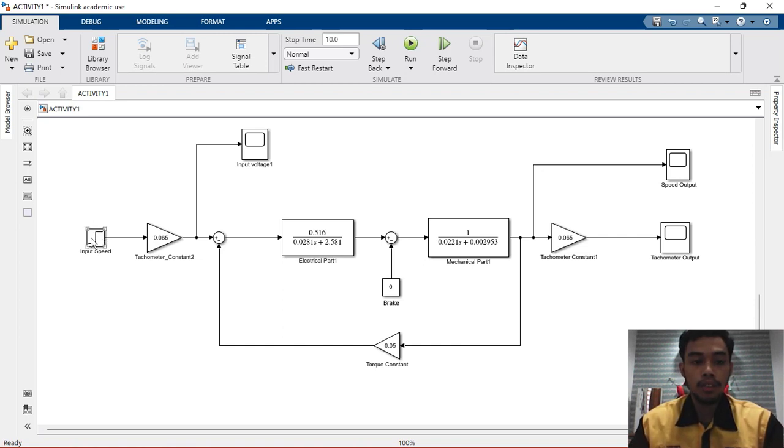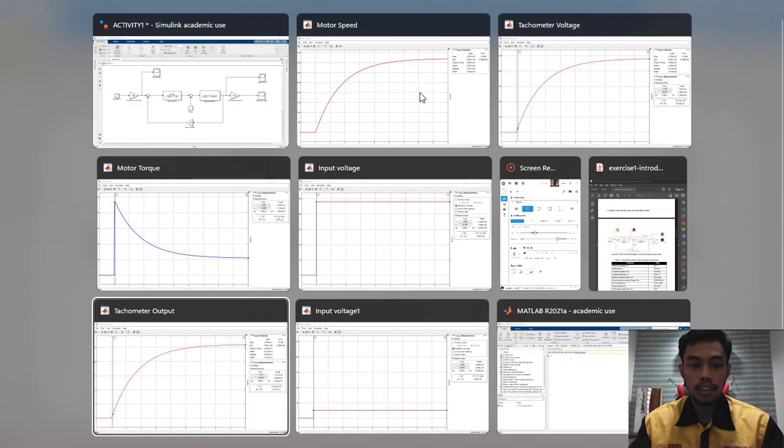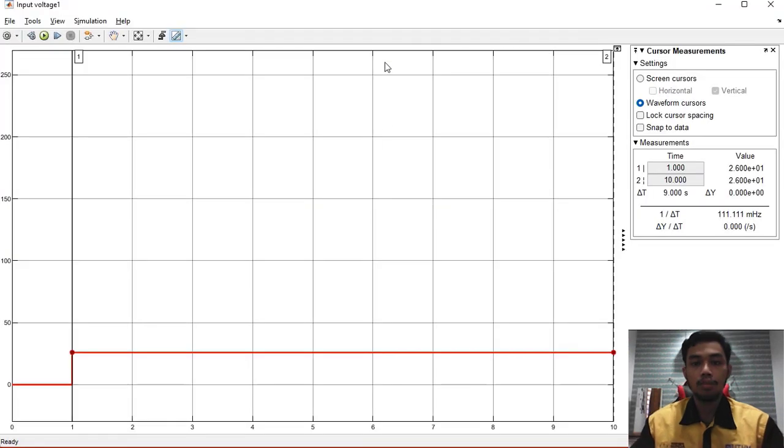So for the first part, we set the input speed to 400, and then we run the simulation, and we will obtain the input voltage value of the block diagram where we set the input speed to 400.